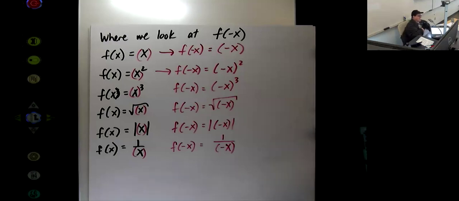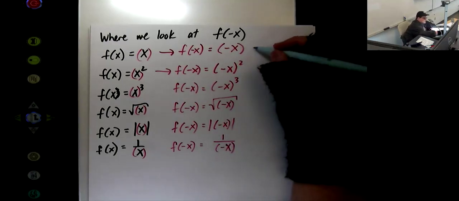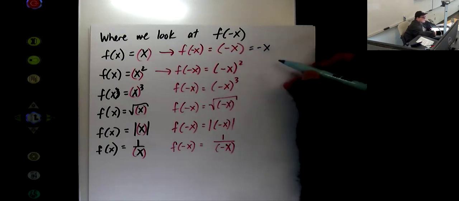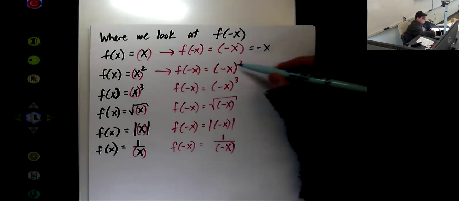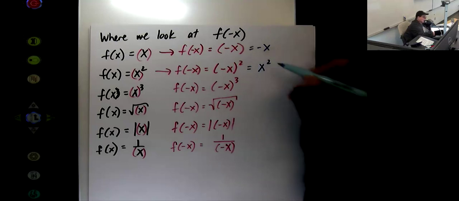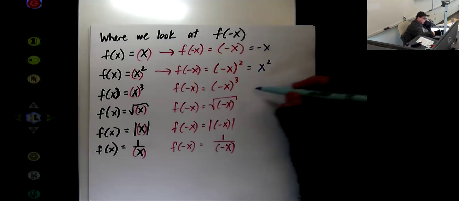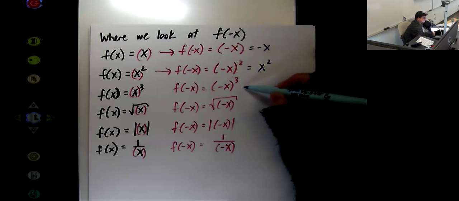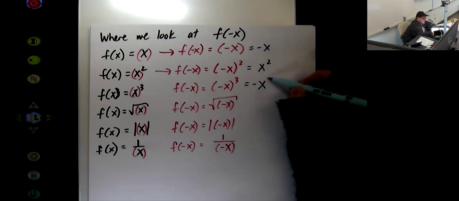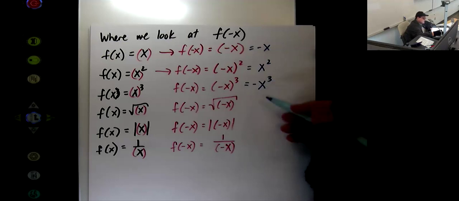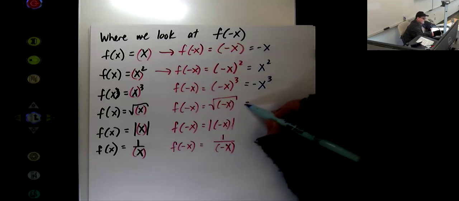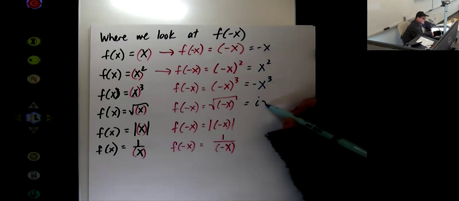So if we actually calculate what this is, well, that's just negative x. I don't need the parentheses. If I do negative x times negative x, I get positive x squared. And if I do negative x times negative x times negative x again, I get negative x cubed without parentheses. Here I get an imaginary number. We get i square root of x.